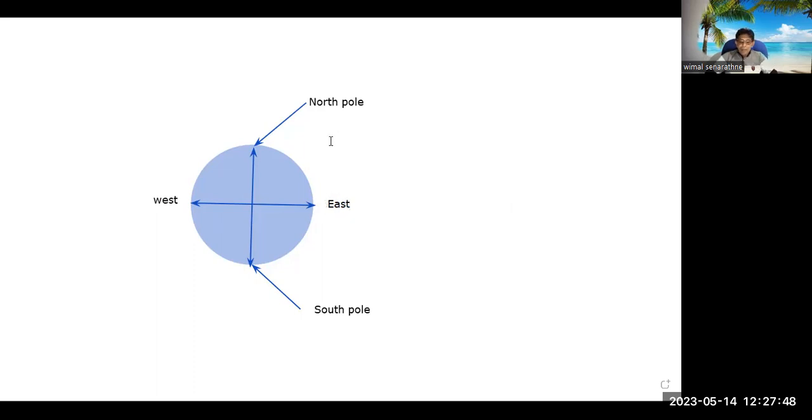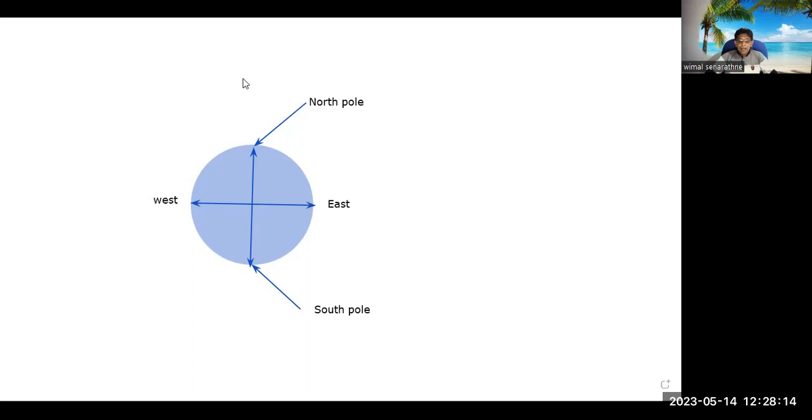Now you must remember the length between the North Pole and the South Pole, and the length between the west and east on the earth is different. Therefore, it is not regarded as a full sphere.